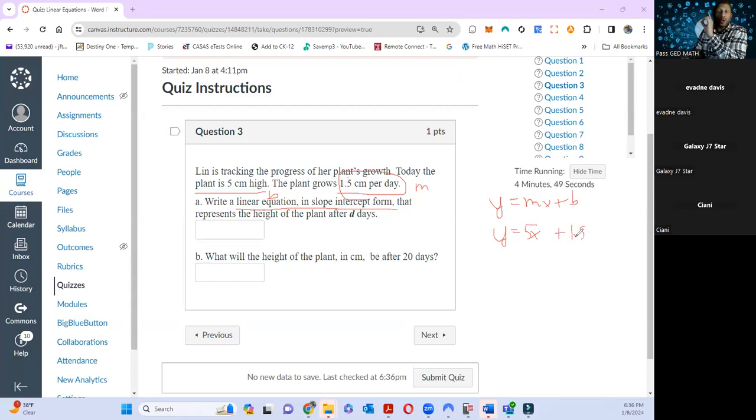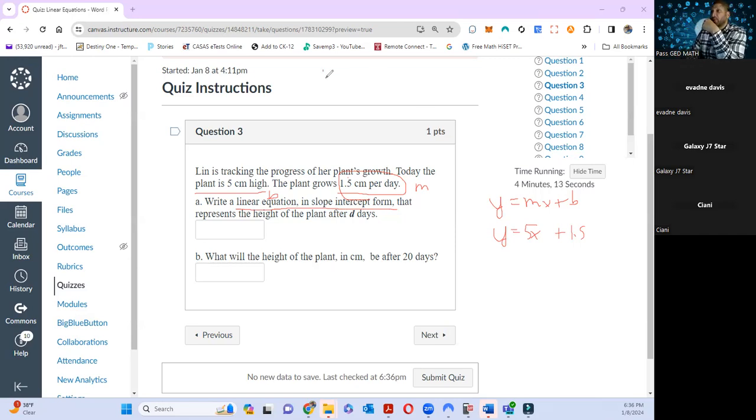Again, we're not paying attention to what we're given. What did we say our slope was? What letter stands for slope? M. So what did we say our slope was? I guess we're not looking at our screen carefully.